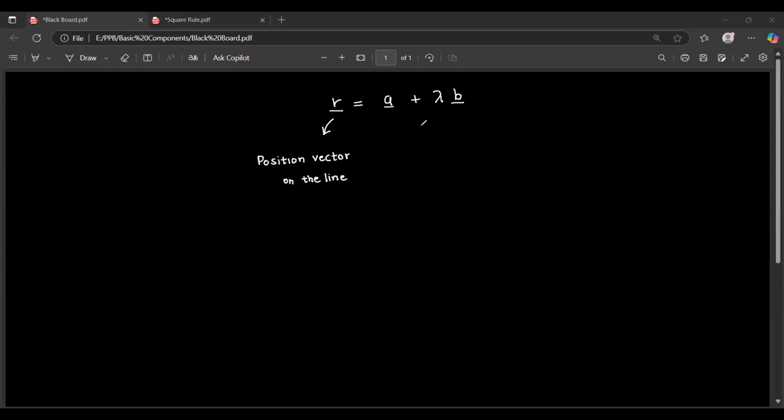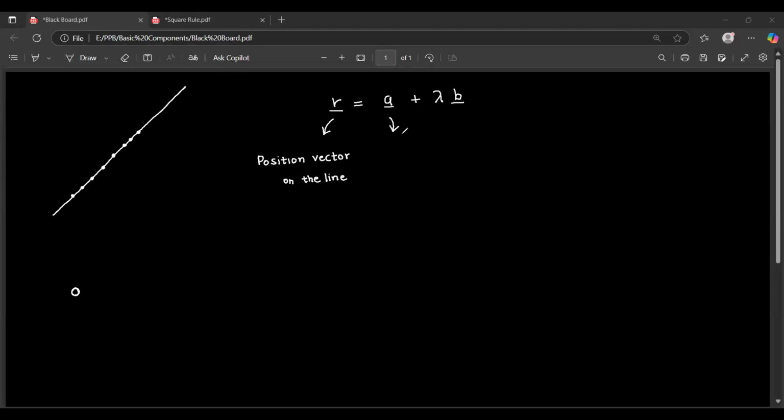The line is a collection of points, so it consists of an infinite number of points, as we can see. And these points can have position vectors with respect to the origin, and these position vectors are represented by this specific vector, r.